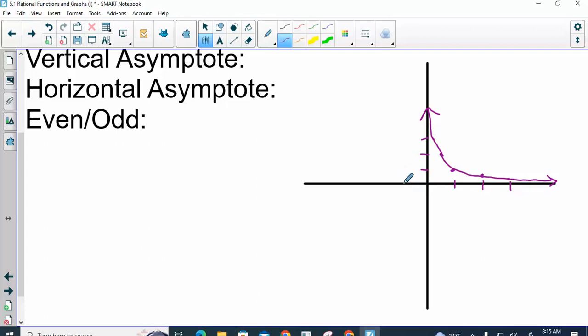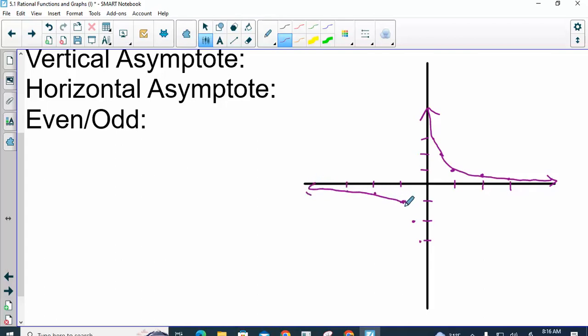Okay, if you put in -1, what's 1 divided by -1? Negative 1. 1 divided by -2. Negative 1 half. 1 divided by -3. Okay, what's 1 divided by -1 half? 1 divided by -1/3. Alright, so same scenario.